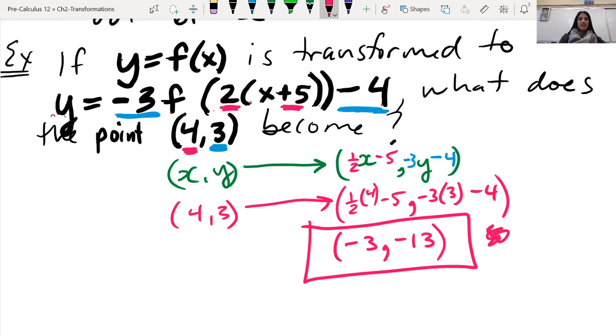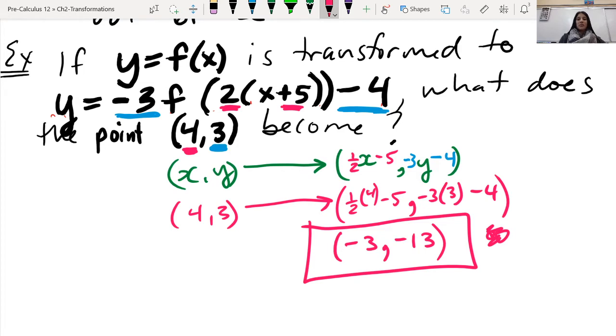That means there's a reflection in the x-axis. If I take a look at this 2 here, the factored out 2, that would mean that I'm actually multiplying it by a half. So it's actually a horizontal compression, right?